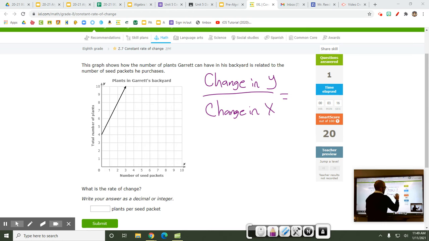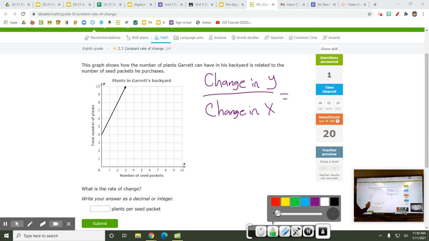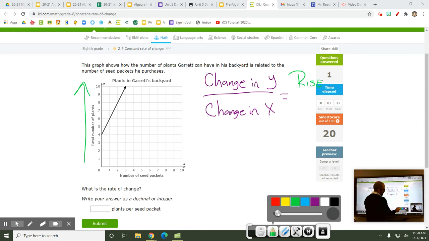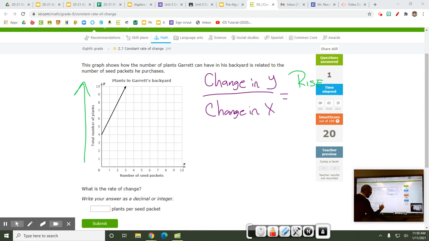Your y is vertical, your y-axis goes up and down, so for change in y we're going to think of the word rise. Your change in x is horizontal, so we're going to think run. Rise over run.